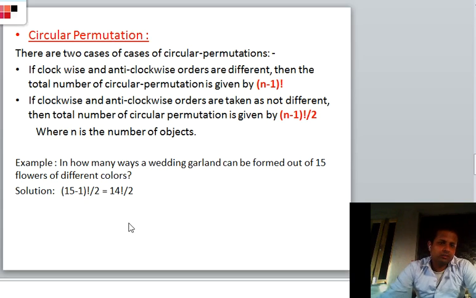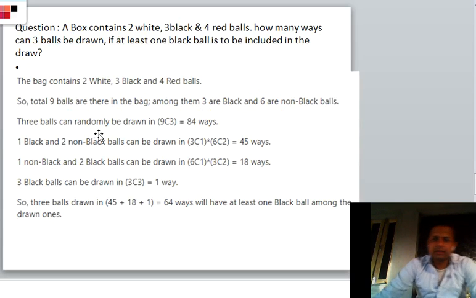Now let's come to the next example. A box contains 2 white, 3 black and 4 red balls. How many ways can 3 balls be drawn if at least one black ball is to be included in the draw?